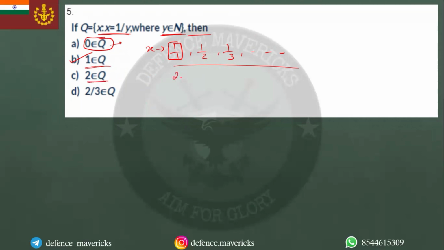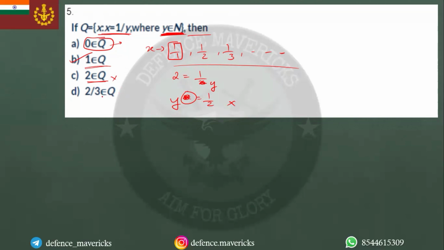2 matlab if 2 has to be 1 by y, then y has to be half. 1 by y diya hai, so you take the variable as y. So that means y equal to half, but that is not possible because y has to be a natural number. So this is not possible.